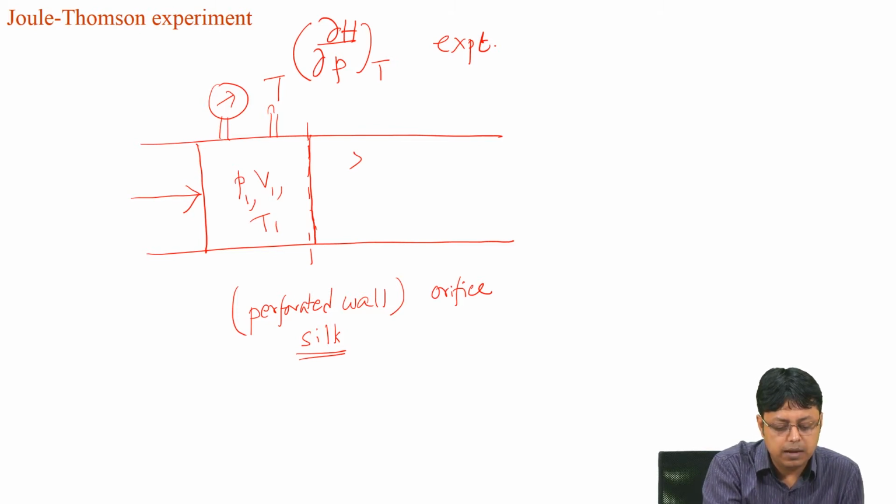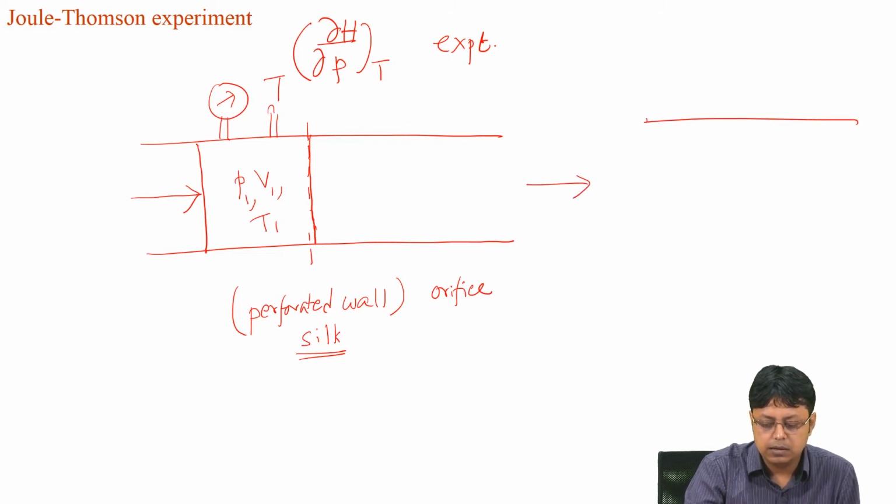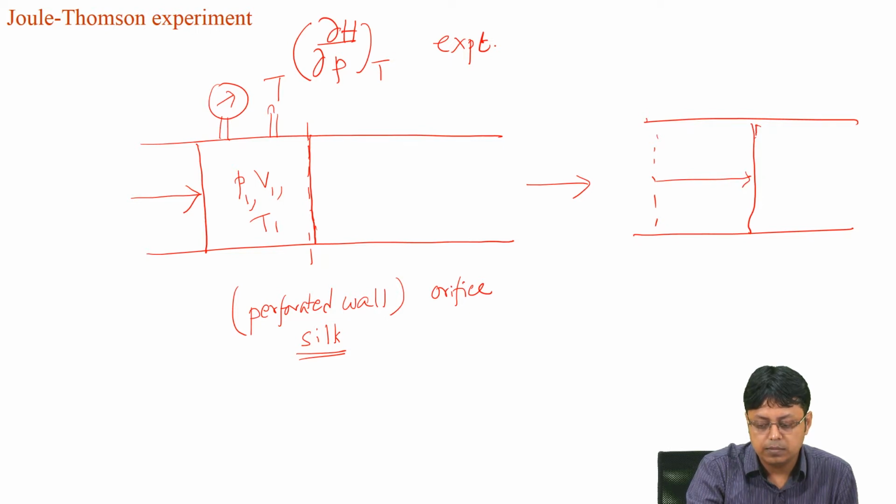Now, if you apply pressure from left to right, eventually this piston will move from its initial position to the wall, which is a fine orifice, and then the other piston will move to some distance because the gas molecules are passing through this fine orifice.